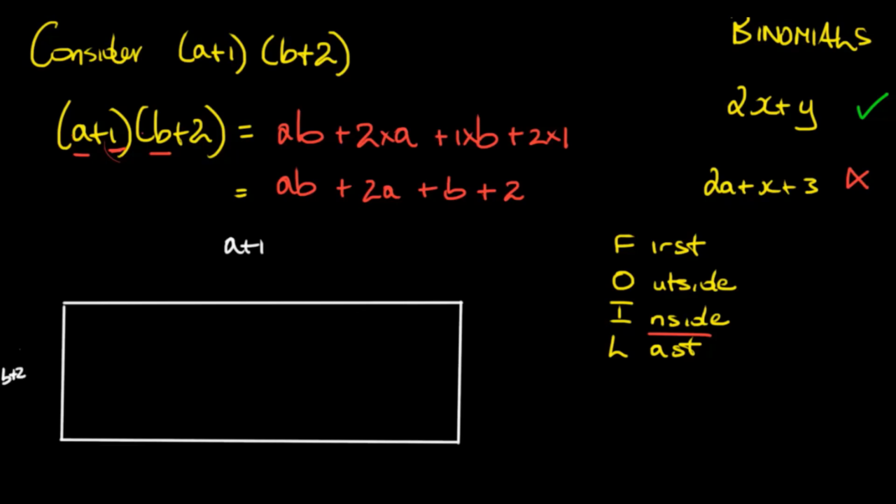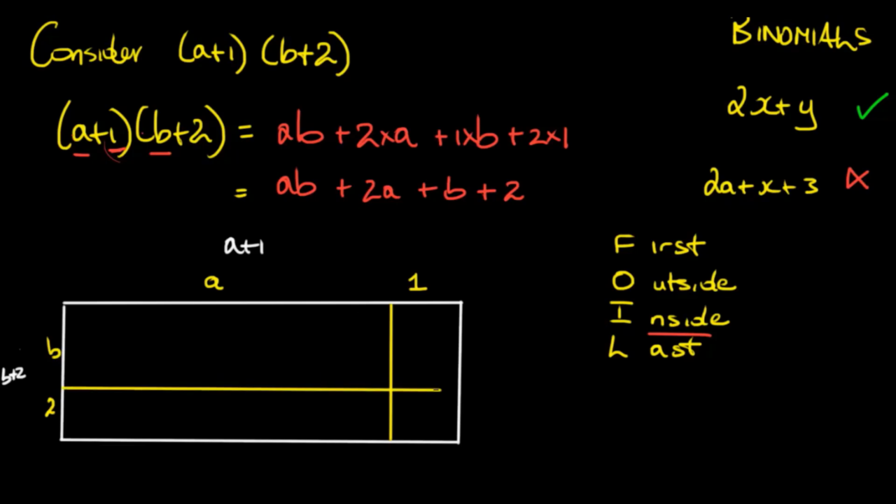Now, if this side is a plus 1, we can think about it as really saying one part of the length is a, and the next part of the length is 1. So all of this side is a, and then you have a little piece of it that's 1 unit. Likewise, for the side b plus 2, we could think of one part of it as being a length b, and then the next part of it being a length 2.